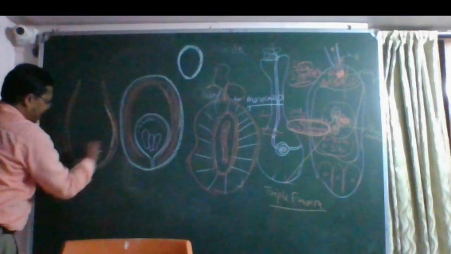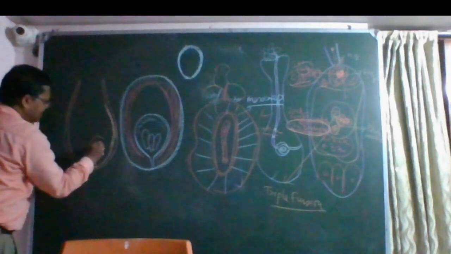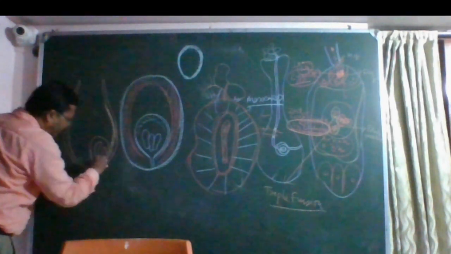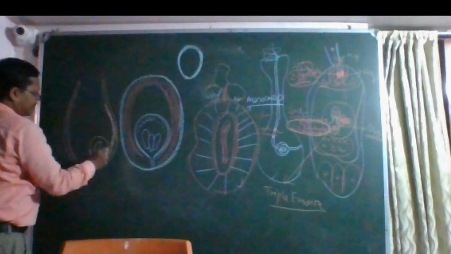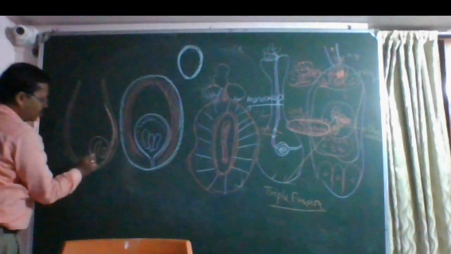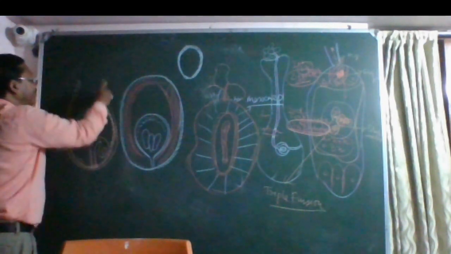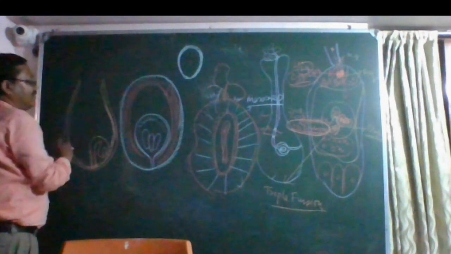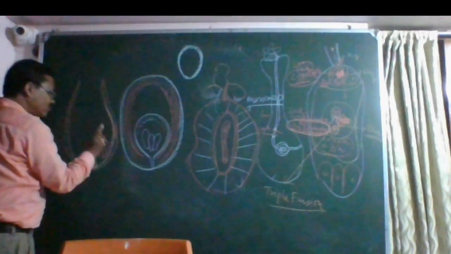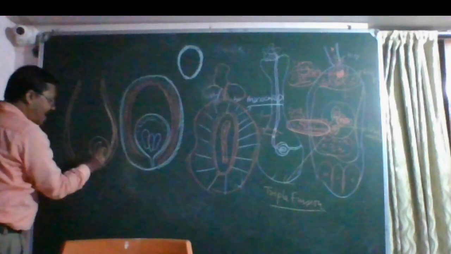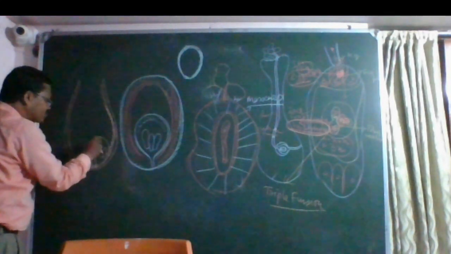This stalk-like structure ultimately forms an ovule. So the spongy tissue present in the inner lining of the ovarian wall is called the placenta, through which an ovule remains attached by means of a stalk.